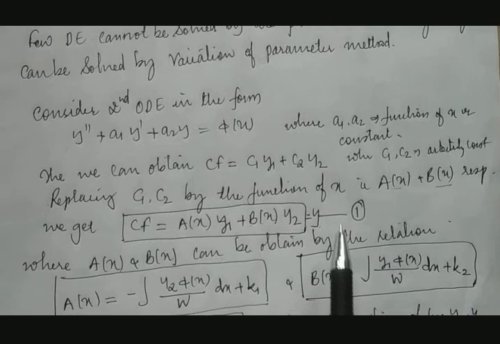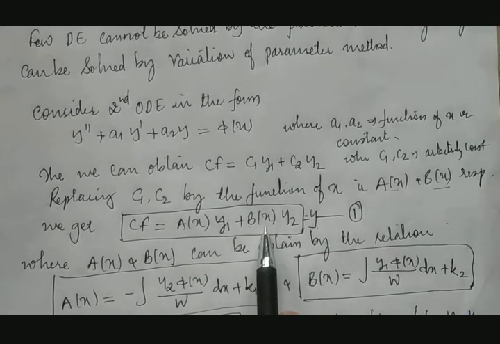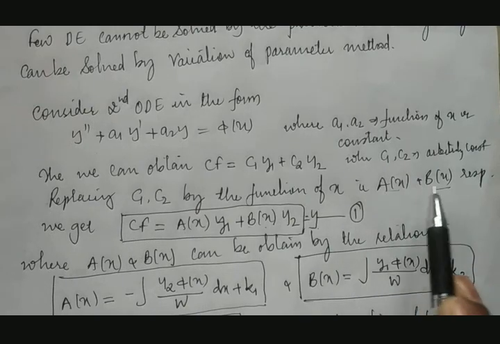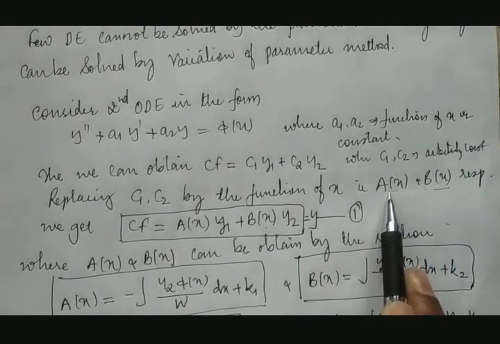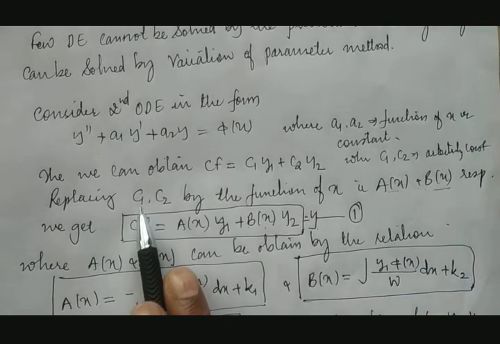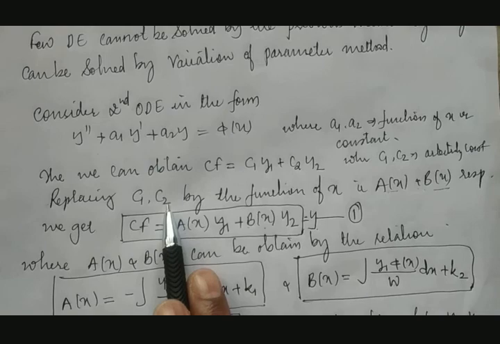But when is it possible? After calculating a of x and b of x. What are a of x and b of x? A and b are functions of x which are replaced in place of c1 and c2, which were arbitrary constants.